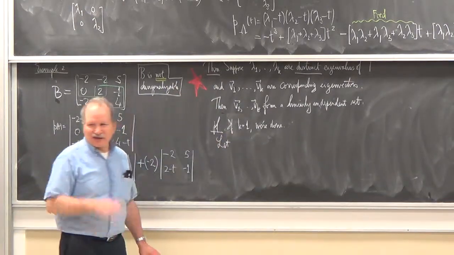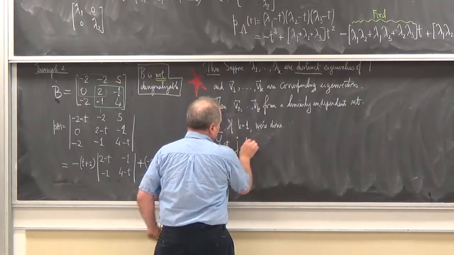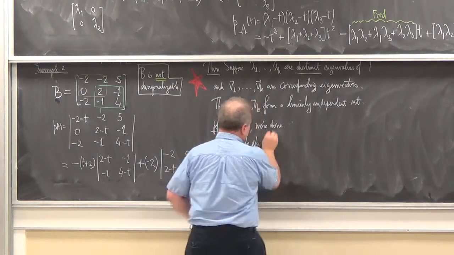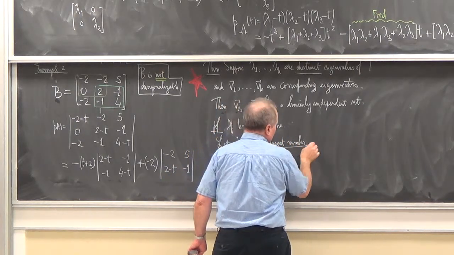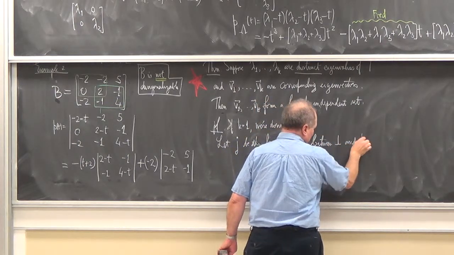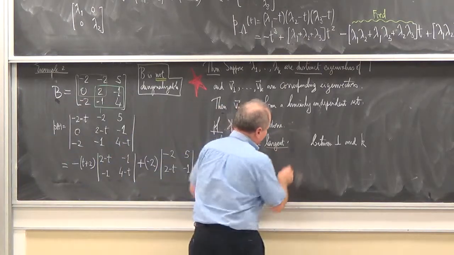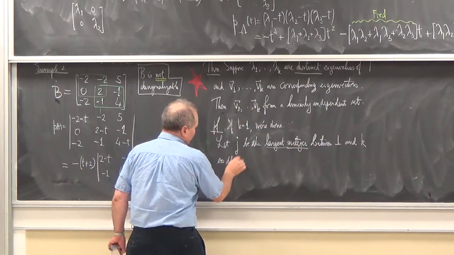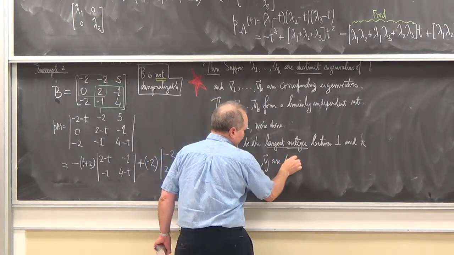Here's the sneaky proof, and you don't have to do it this way, but it's the easiest way to do it. Let j be the largest integer between 1 and k so that v1 to vj are linearly independent.